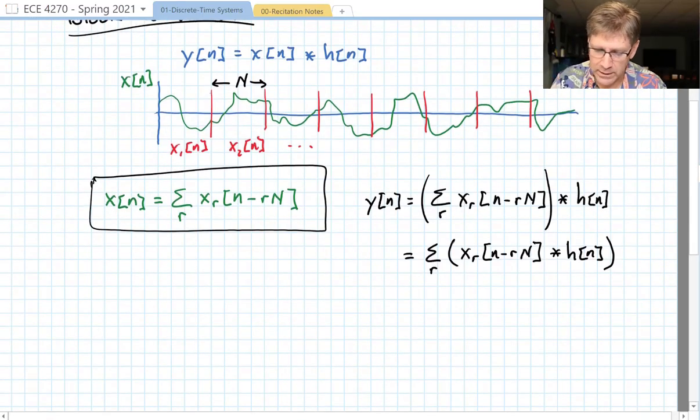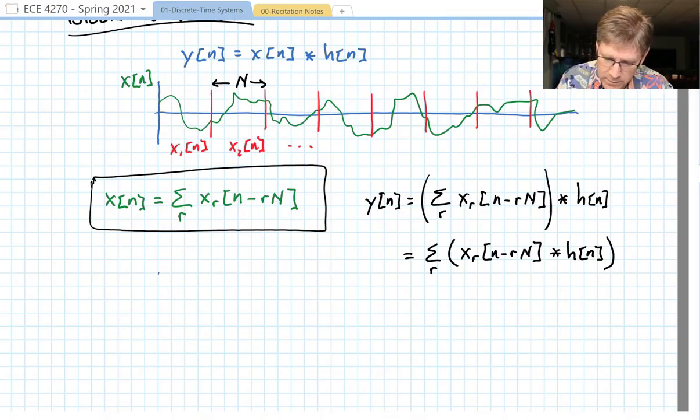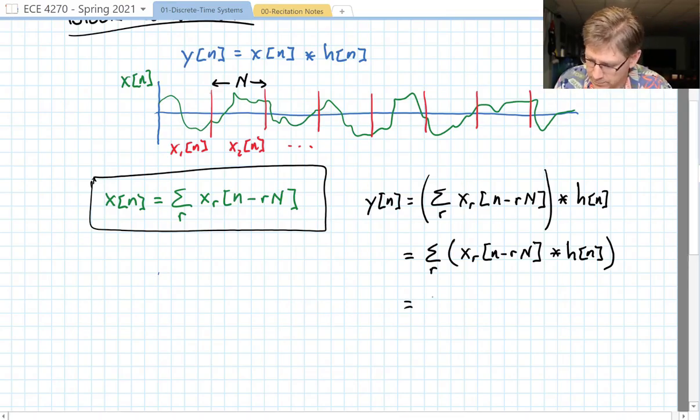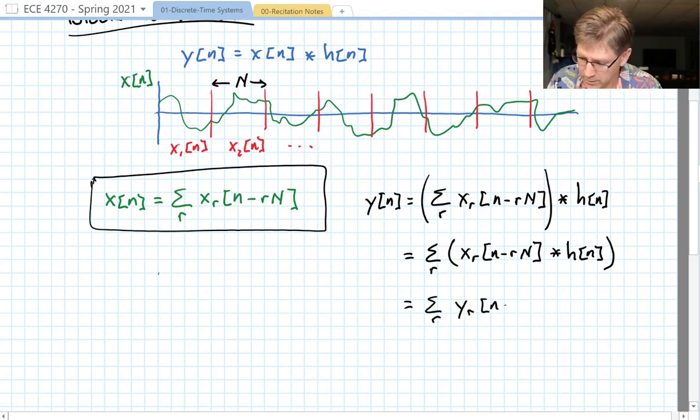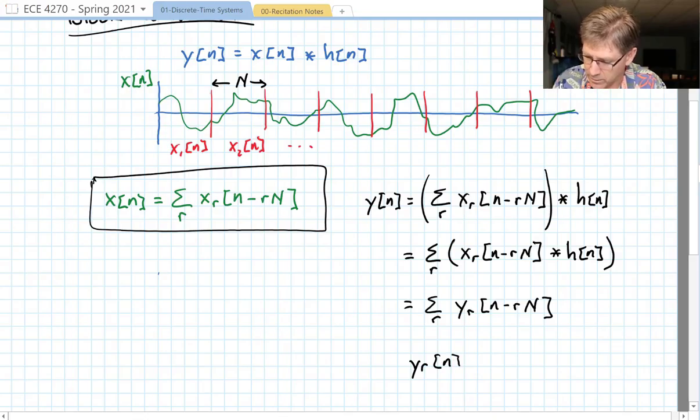Well, what is it going to look like when we add them back together? Let's actually define this first as a sum of y's, where y sub r of n is equal to x sub r of n convolved with h of n.